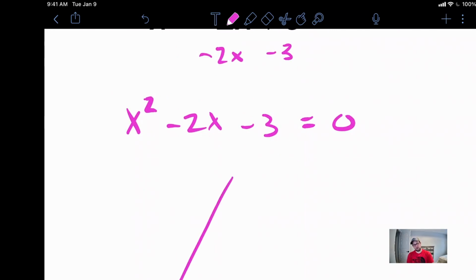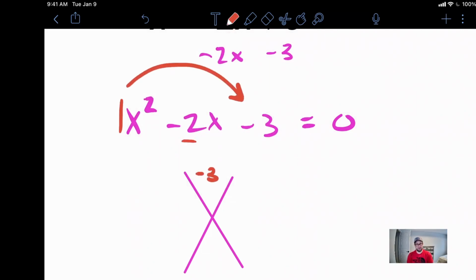So coming over here, of course we have a 1 here, so 1 times negative 3 is negative 3. Negative 2 goes on the bottom. We'll have 1x here and 1x here. And then we're just looking for two numbers that multiply to give us negative 3 that are going to add to give us a negative 2.